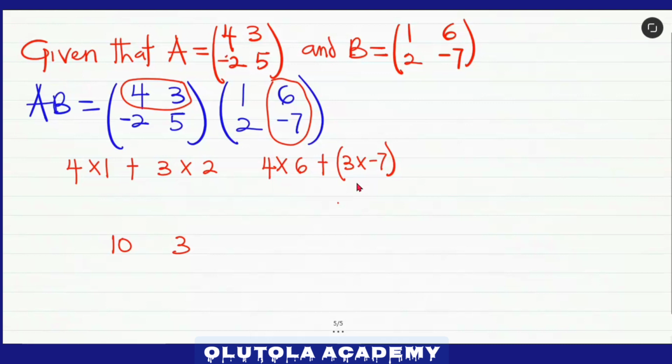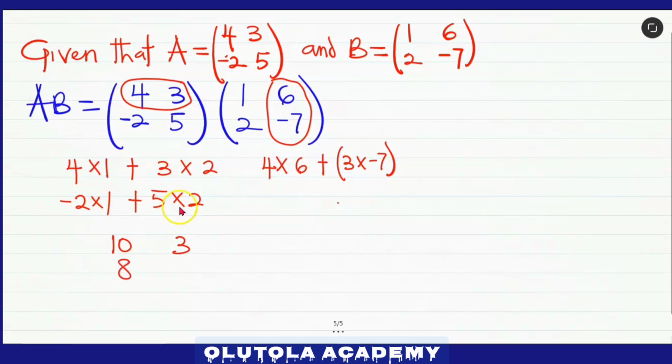So I will go now and multiply the second row with this first column. That will be -2 times 1 plus 5 times 2, which gives -2 plus 10, and that will give us 8.